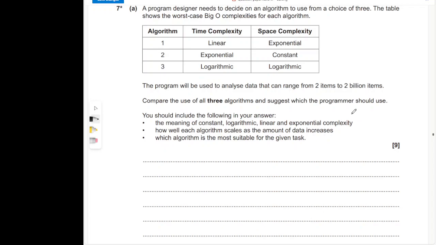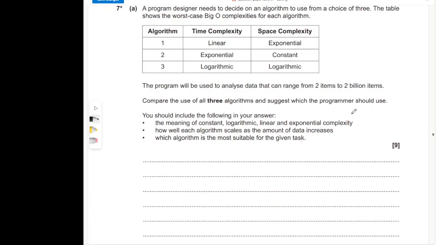So in terms of choice, we've got a problem here in the fact that the linear one, algorithm 1, would be great with small data sets, but absolutely terrible with 2 billion. Number 1 is going to require too much space and probably go out of memory once we get to 2 billion items. Okay, so it's probably a non-starter. Number 2 is just going to be slow.